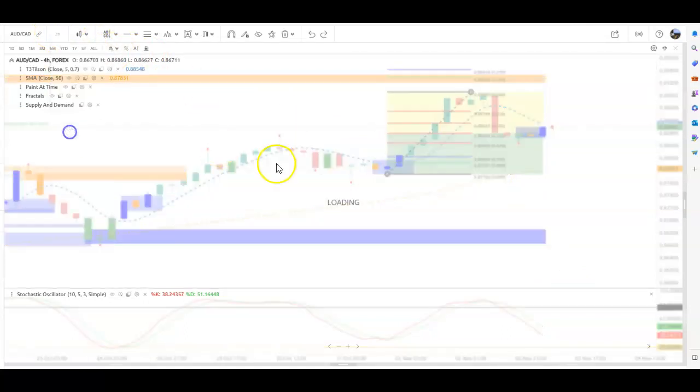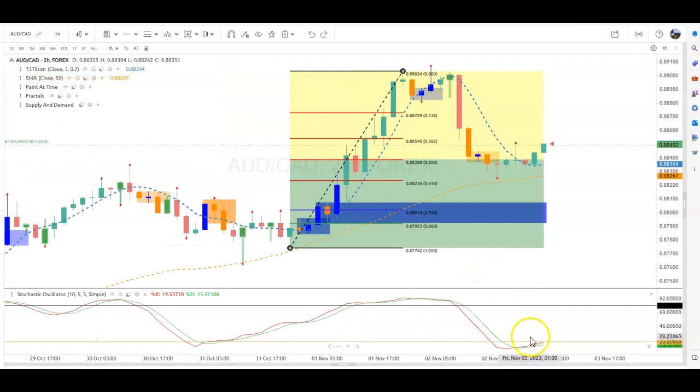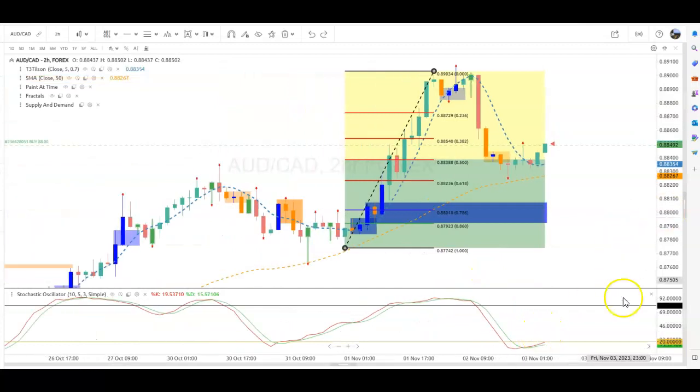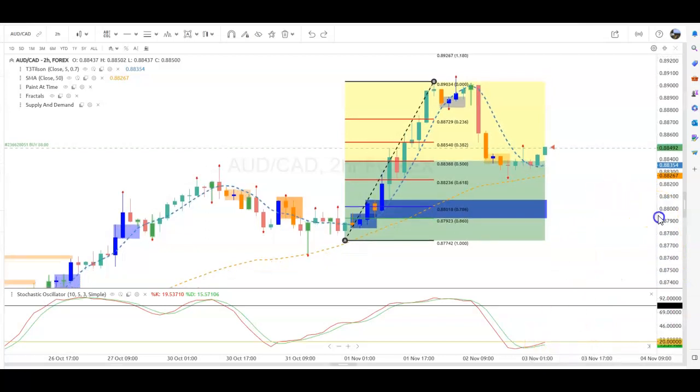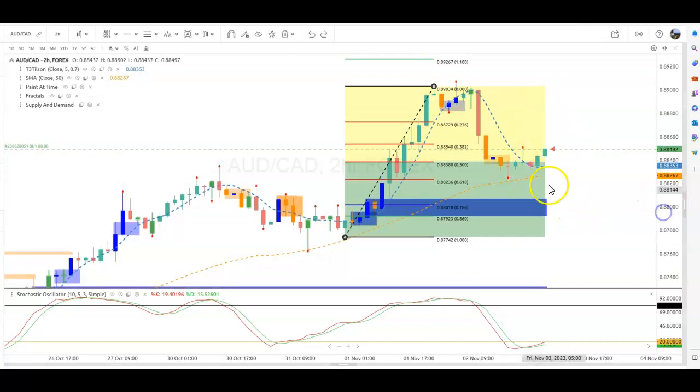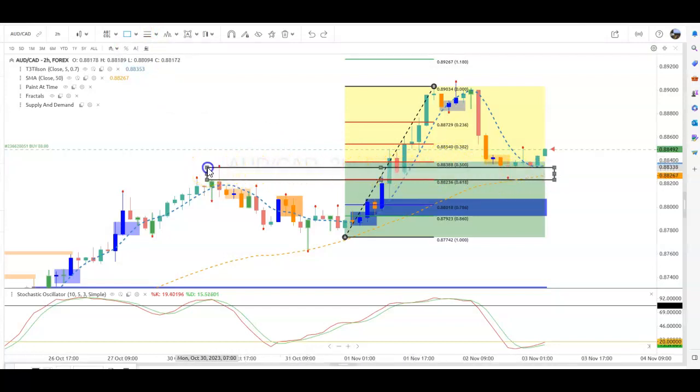On the 2-hour chart, notice stochastics was oversold, and that's what we want to see if we're going to buy. Again, we're looking for consolidation, support, and the market taking a direction. Notice also that this support level is at the same level as the previous resistance from Monday's high.